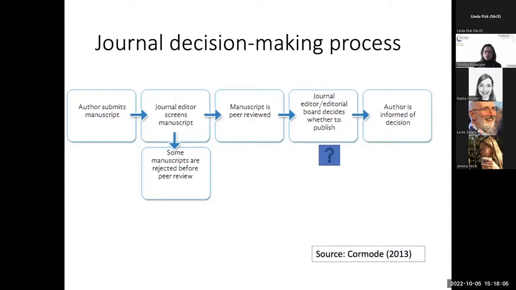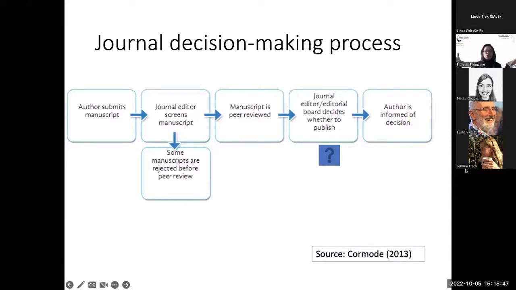And as has been said before, desk rejection may be because the submitted manuscript is unsuitable for publication in the first instance, or a complete mismatch with the aims and scope of the journal being submitted to. But if not, there's a decision to send the manuscript for peer review. Once the reviewer reports come in, the journal editor or associate editors decide whether to publish or not on the basis of the reports, and then the author is informed of the decision.